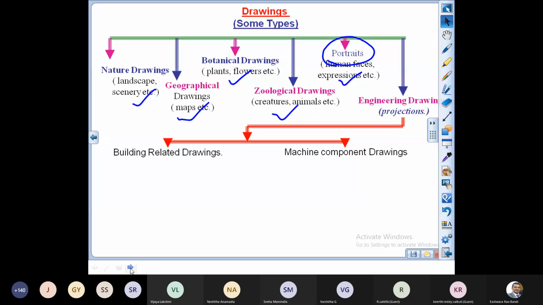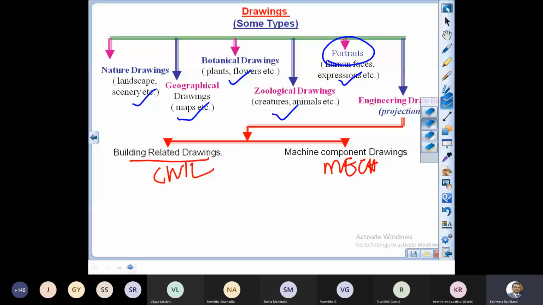See here, building related drawings and machine component drawings. Building related means it's civil related, and machine component related means mechanical. And these two are not different from the constraint drawing.